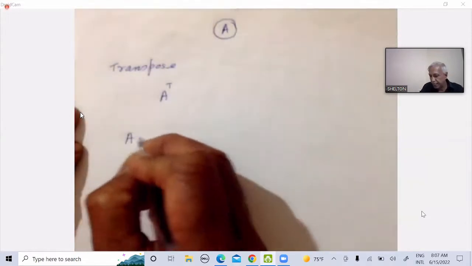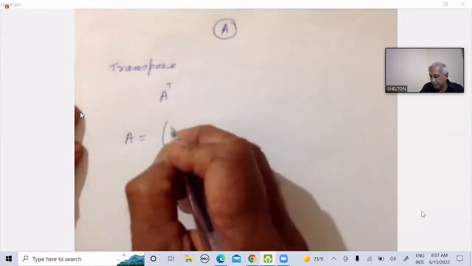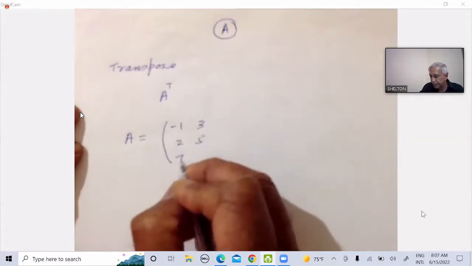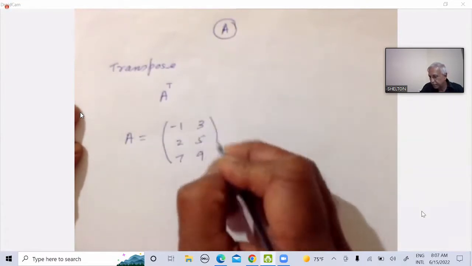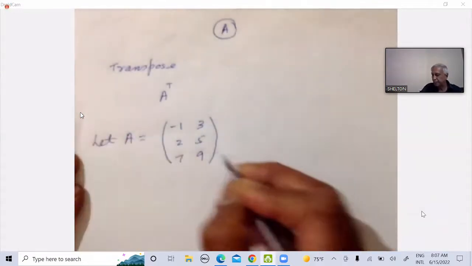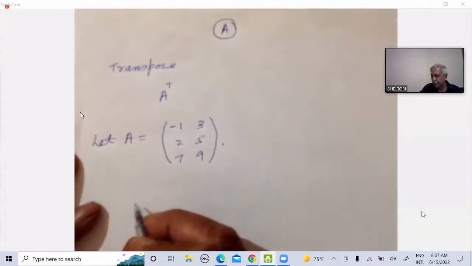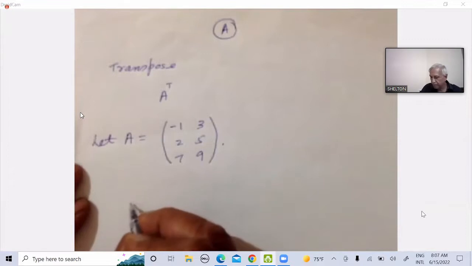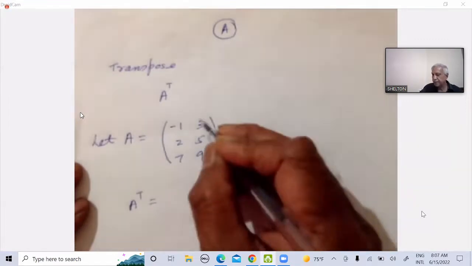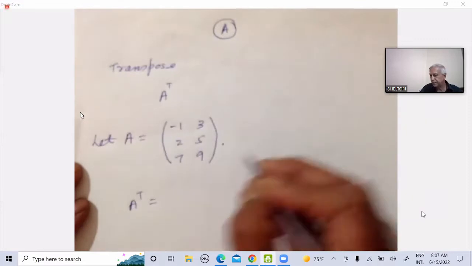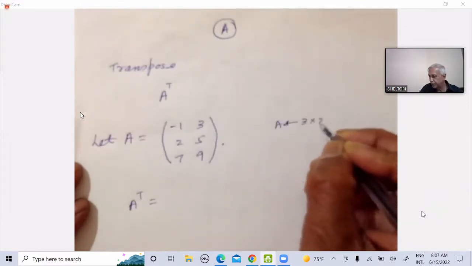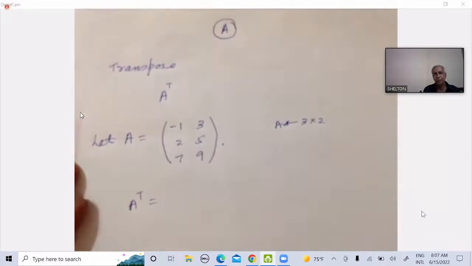If we take A to be, for example, -1, 3, 2, 5, 7, 9. What is the transpose of this matrix? A is of size 3 by 2, 3 rows and 2 columns.